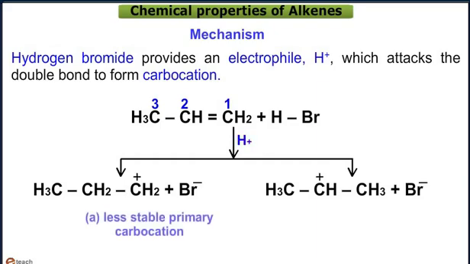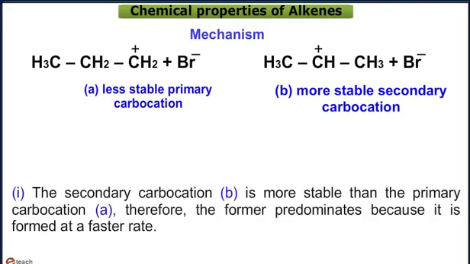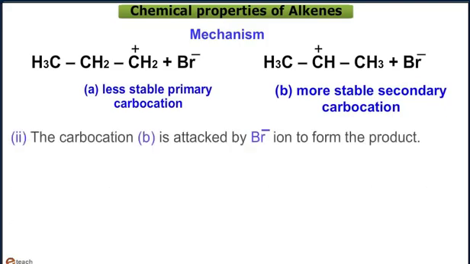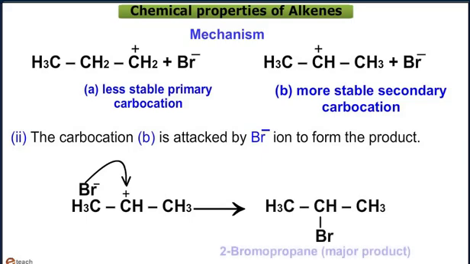While A is less stable primary carbocation and B is more stable secondary carbocation, the carbocation B is attacked by Br- ion to form the product CH3-CHBr-CH3, that is 2-bromopropane, that is major product.